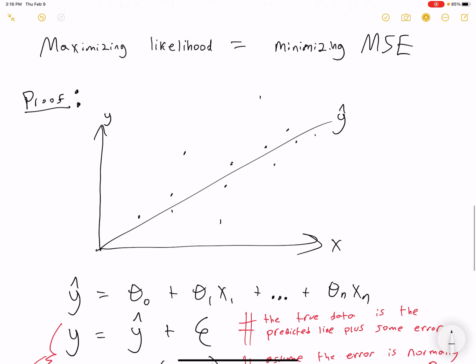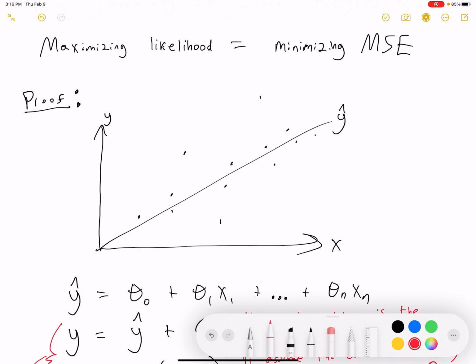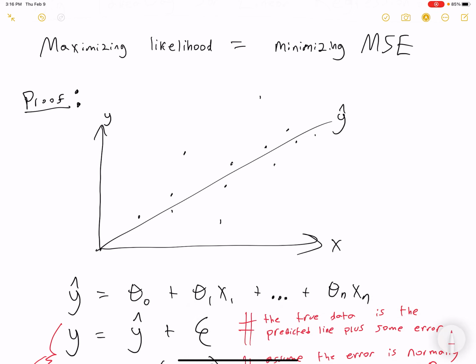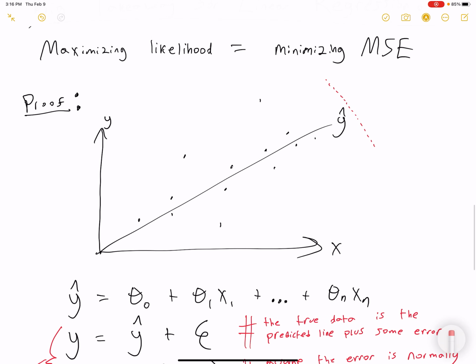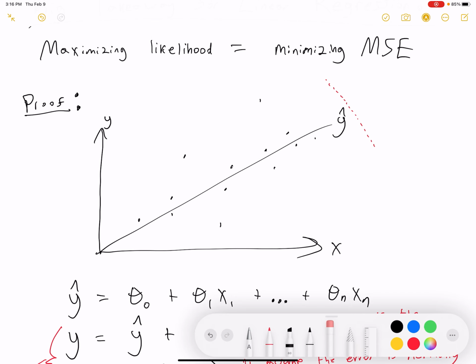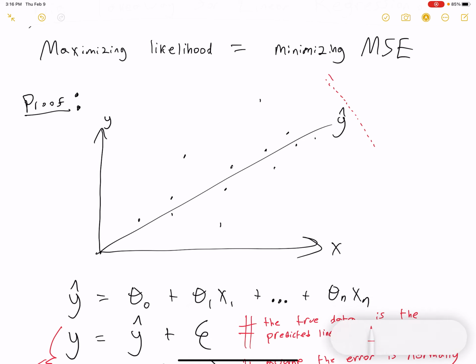To understand this visually, let's go back to our drawing and think about how the error is distributed across the predicted line. If we do find a line of best fit, then we can assume that the error is roughly normally distributed around that y hat. Does that make sense?